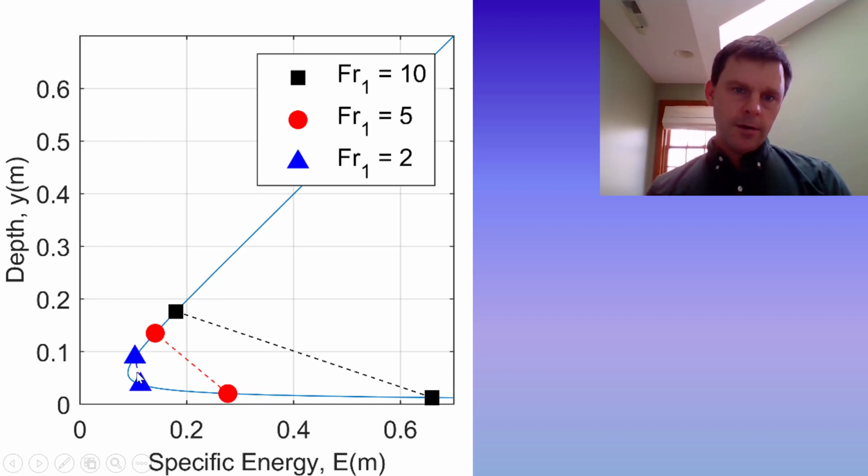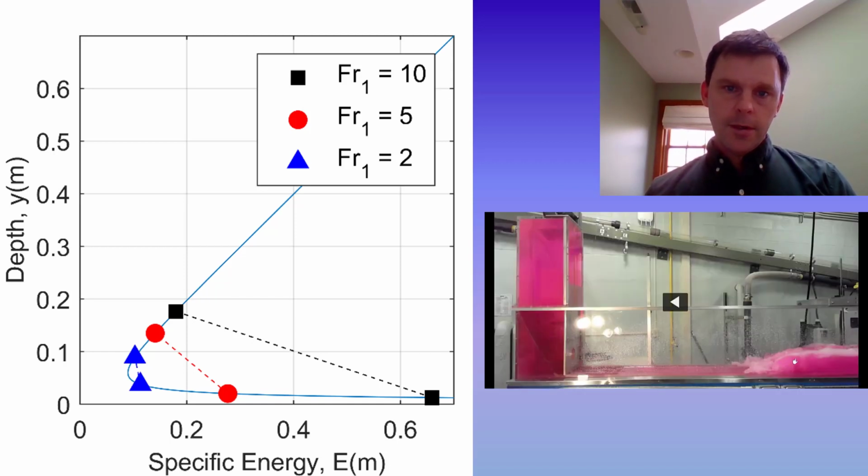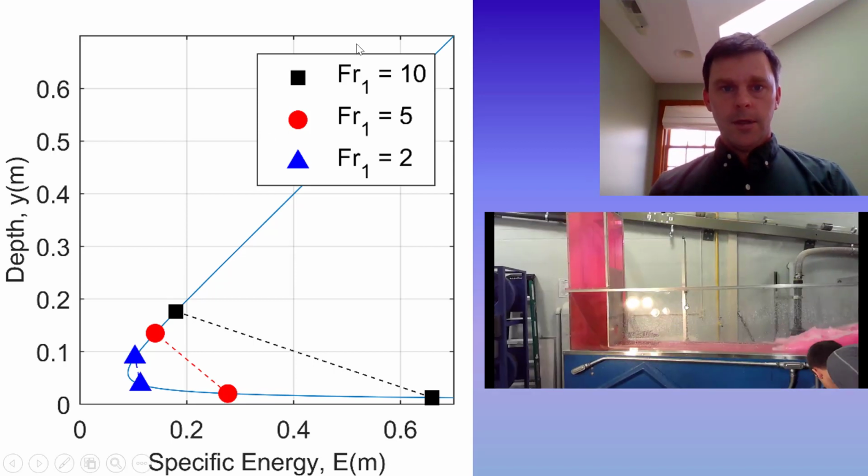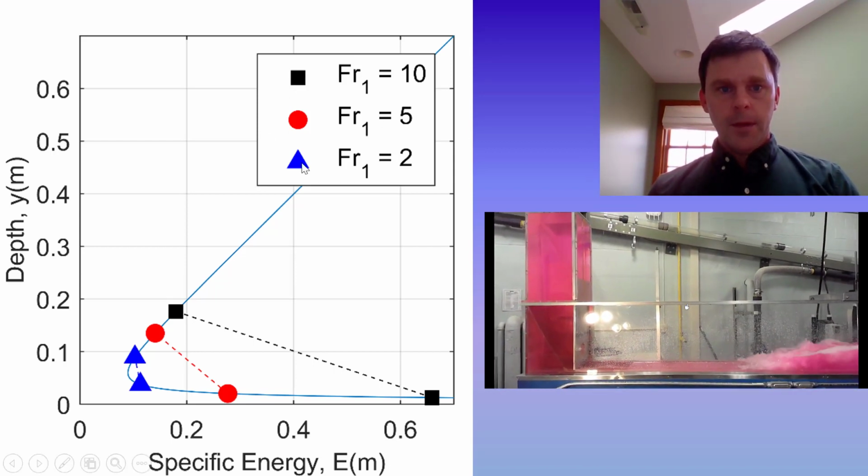And so the key takeaway here is really that the higher the upstream Froude number, the more vigorous the jump is and the more energy will be dissipated. Okay, and that video that I showed you before with the red fluid in the laboratory, that was a very high upstream Froude number hydraulic jump. And that's the one you want to keep in your head when you're thinking about the case here for the black square.